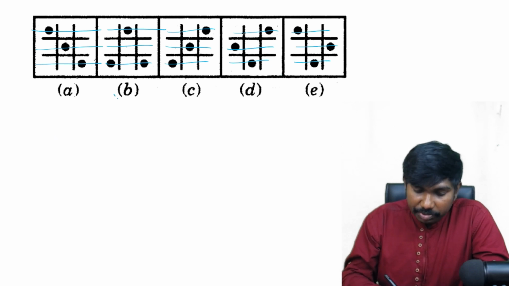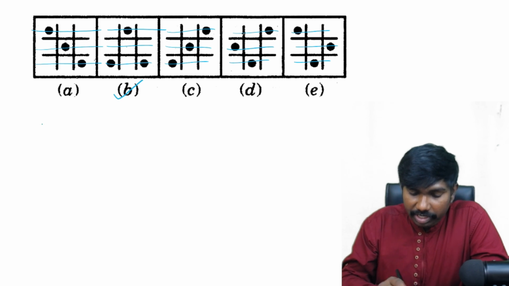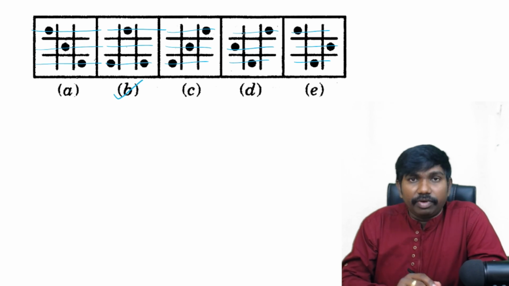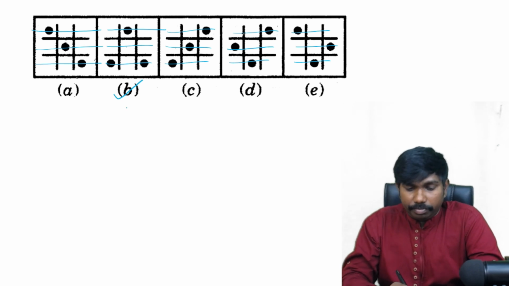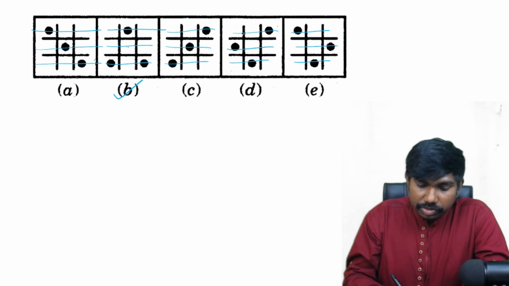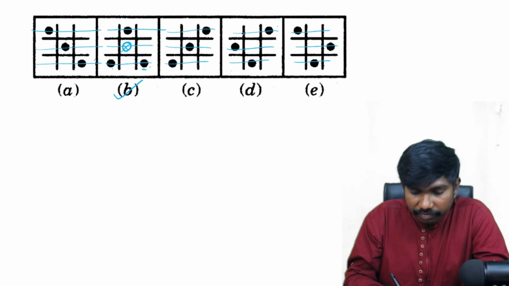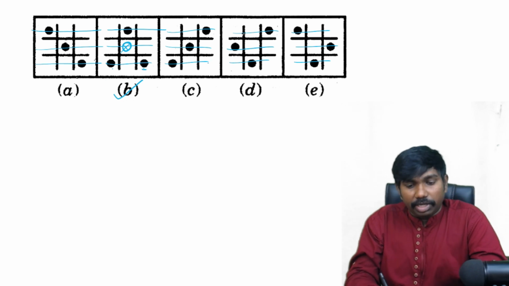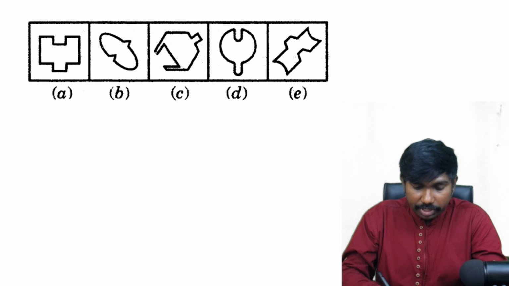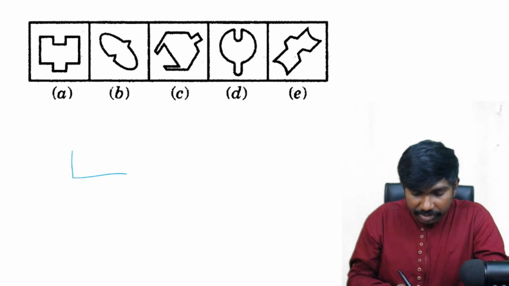So except in option B, every horizontal line is cutting at least one dot, only one dot, right? So here there is no dot here, and even in the bottommost row we have two dots, unlike in other options.